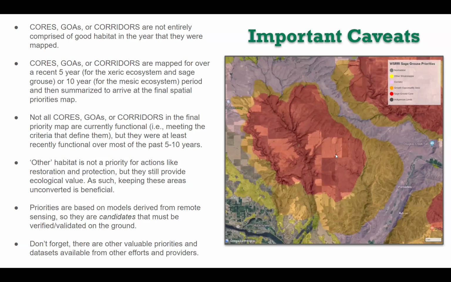And so if it's a core now, in 2024, it doesn't mean it's actually all functional. It might have burned in the last year. So it might only be recently valuable, but it burned. And so now it's in a state where it might naturally regenerate, or it might need restoration to bring it back up to good condition. So there is a temporal dimension to these priority areas that you shouldn't ignore. It's very important.